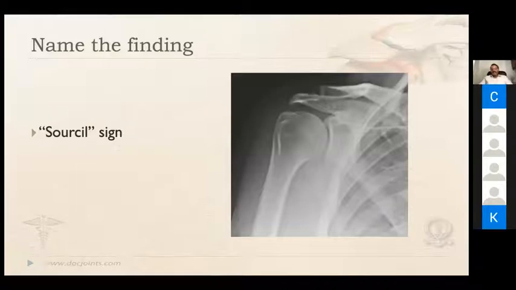So what is the treatment for impingement? How do you treat a patient coming to you with a shoulder impingement? Acromioplasty. Impingement, you directly go for surgery? Don't give treatment for the patient?